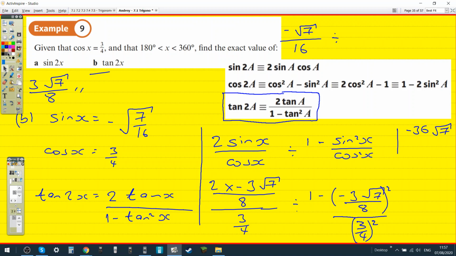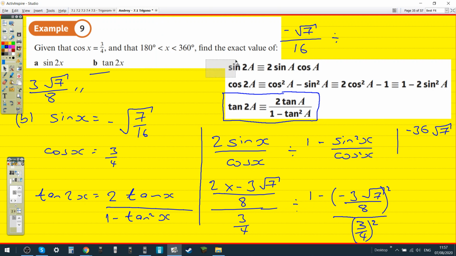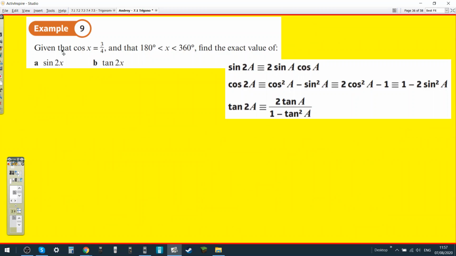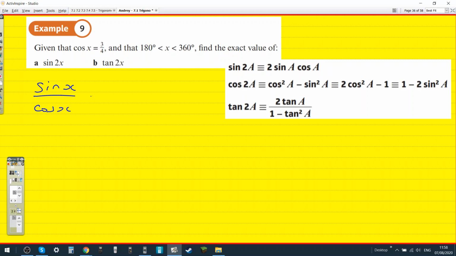And let me try something crazy, because I can sense you want to do something crazy. Hang on. So sine x over cos x is tan x. Yep. Sine 2x over cos 2x is tan 2x.